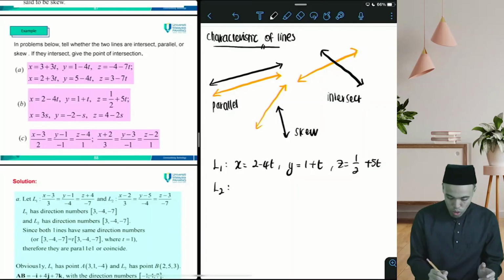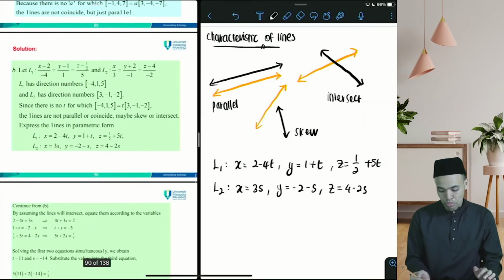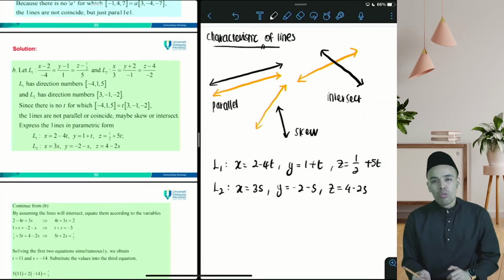And line L2 consists of x equal to 3s, y equal to negative 2 minus s, and z equal to 4 minus 2s. Right now, you have to show whether the two lines are parallel to each other.